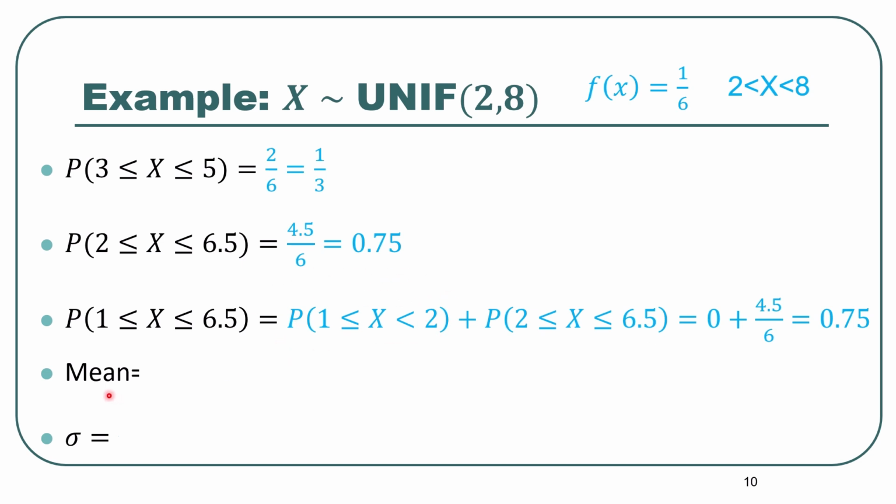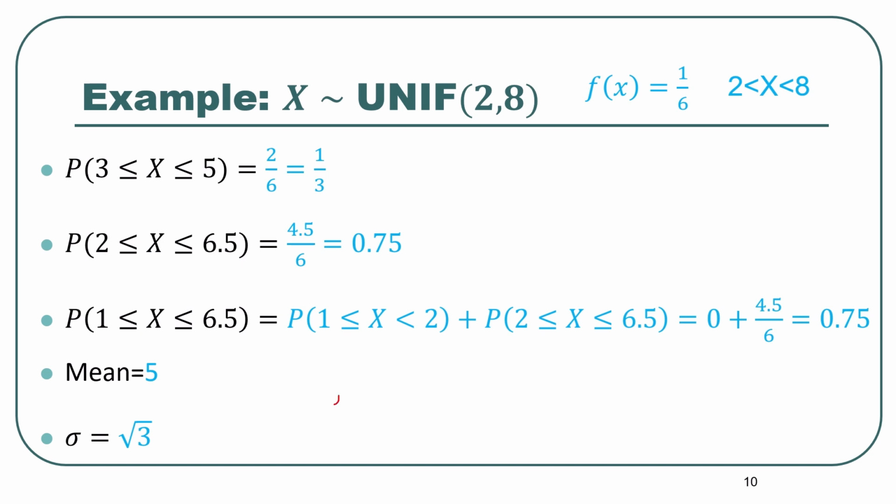So the mean is the midpoint of that interval: 8 plus 2 is 10, over 2, is 5. Again, sigma square was defined as the length of your total interval squared over 12, and here we are just applying that rule. Let me write it.